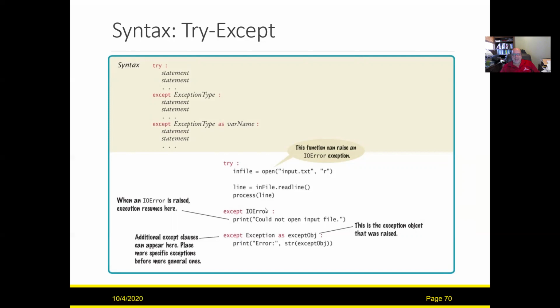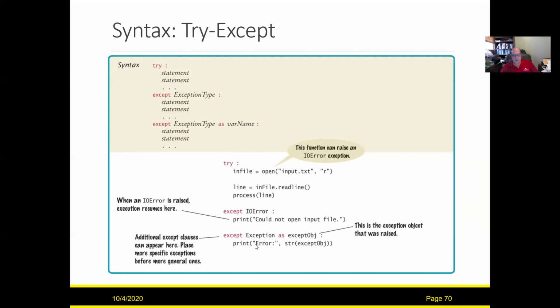So we have the default ones. For example, IOError is something that's about the input output. So if this open doesn't find this file, it's going to raise an exception, which the IOError is going to catch.